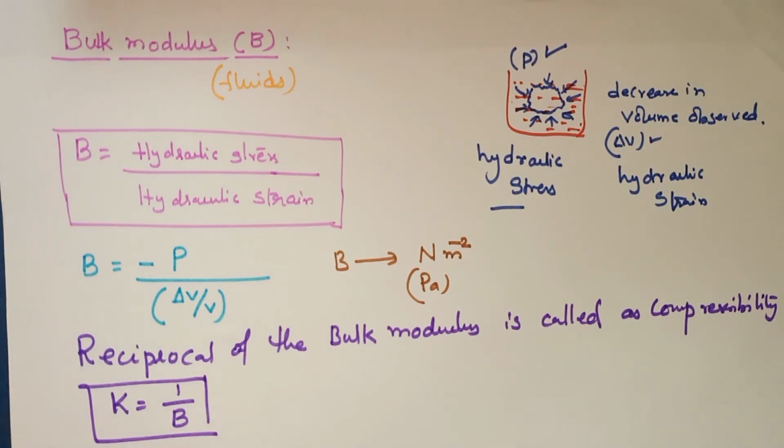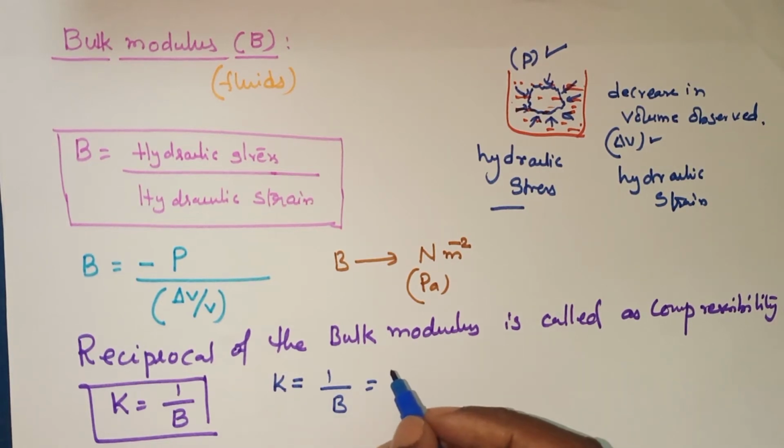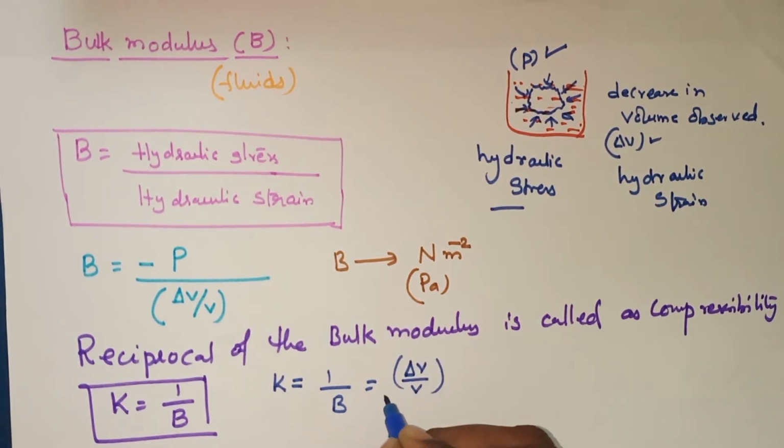K is equal to 1 by B, which you can write in a reciprocal manner, delta V by V by P. Of course, the negative sign will always be there. So this is compressibility, the inverse of the bulk modulus.